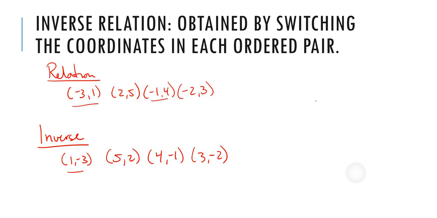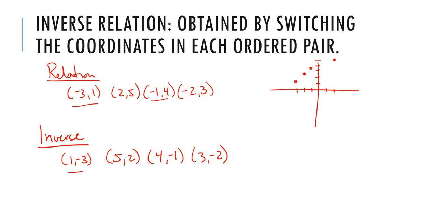Now, if I plot this relation, negative 3, 1, 2, 5, negative 1, 4, and negative 2, 3. Let me find it.